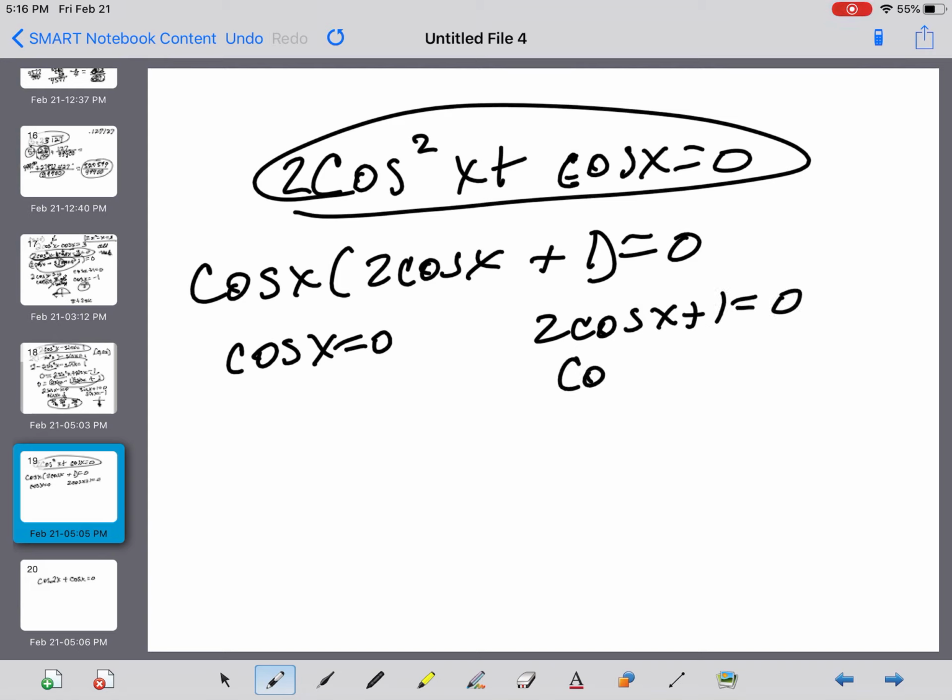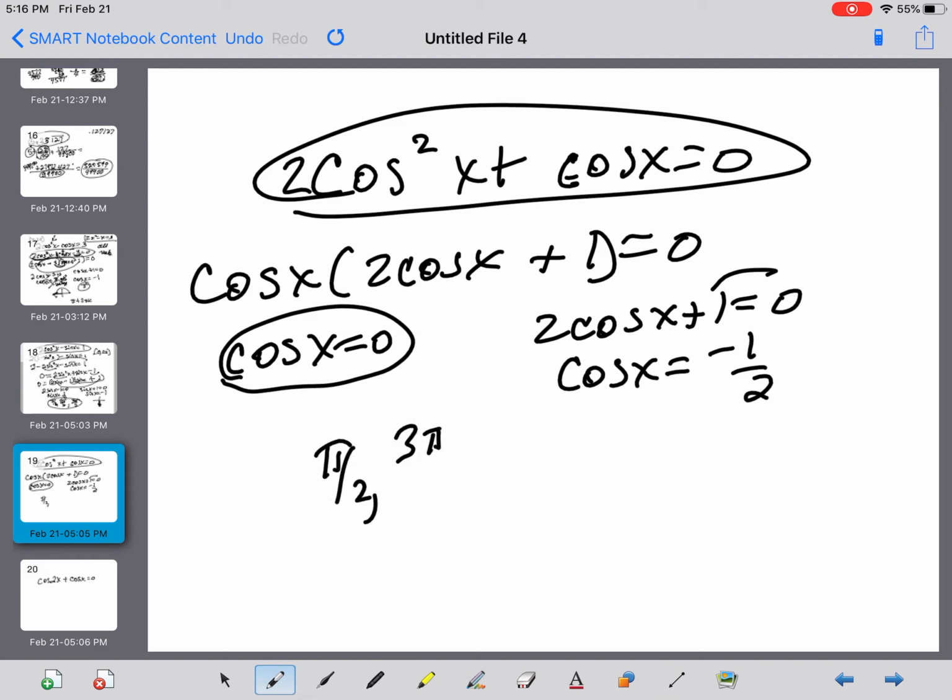And this gives me cosine x, subtract 1, and divide by 2. So my answers for cosine of x is equal to 0 are pi over 2 and 3 pi over 2. And cosine's negative 1/2 at 2 pi over 3 and 4 pi over 3.